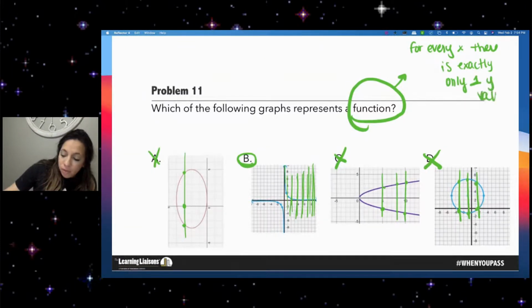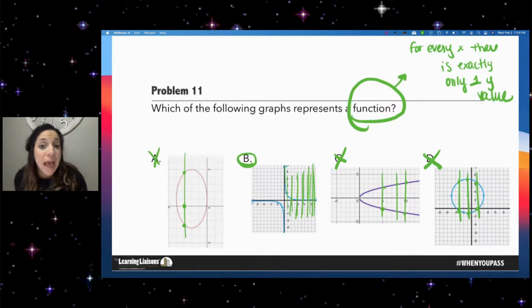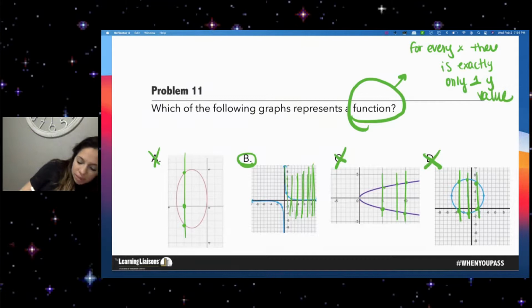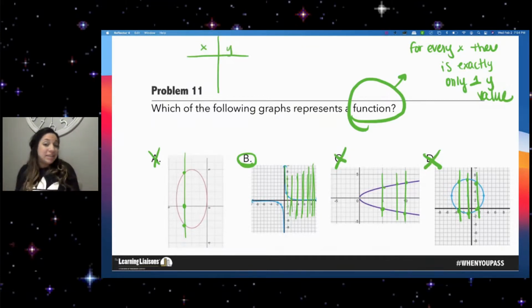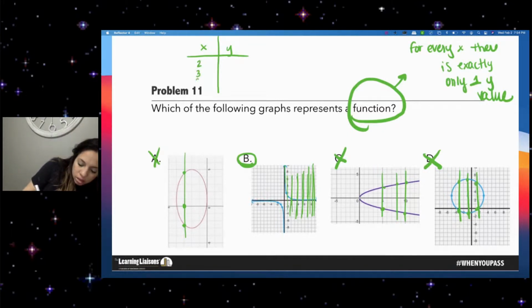Now, I don't ever memorize that. I just use my vertical line theory. So if they gave us a table of values for A, B, C, and D, and they said, which one is a function? Again, I don't memorize it. I'll just go 2, 3, 3, 4, 0, 1, 1, 2.